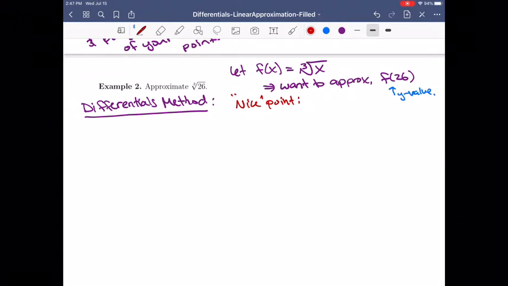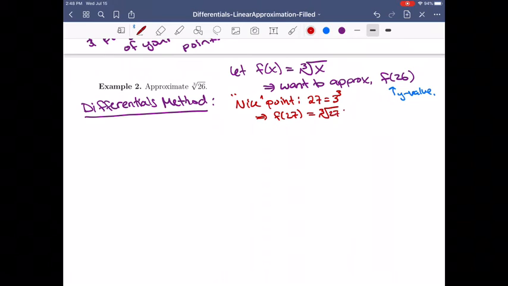Something that's close to 26 that is a perfect cube is 27. 27 is equal to 3 cubed, so f of 27, the cube root of 27, is 3. So my nice point is going to be 27 and 3.